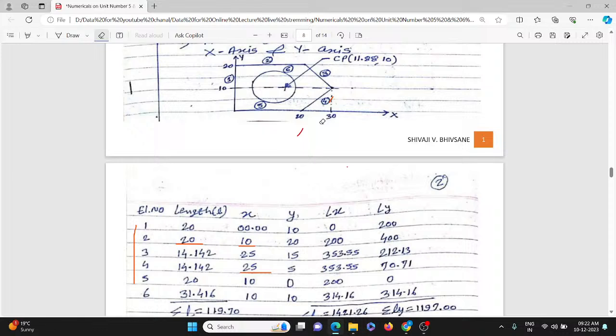So in the same way, you have to calculate the center of pressure.